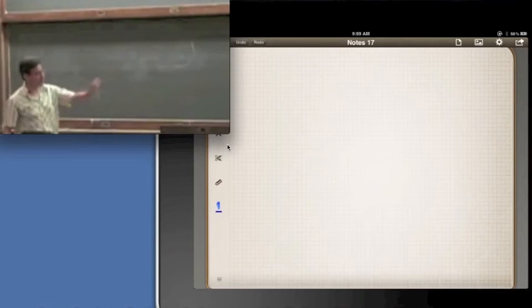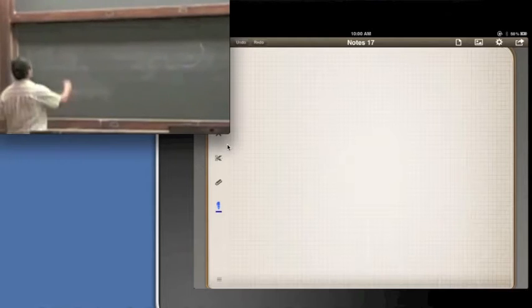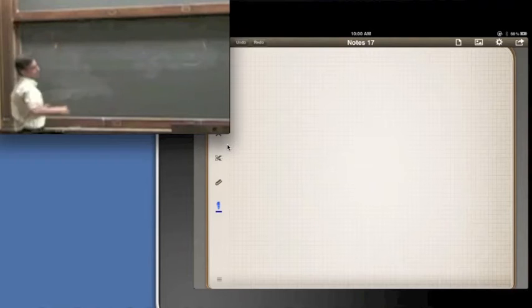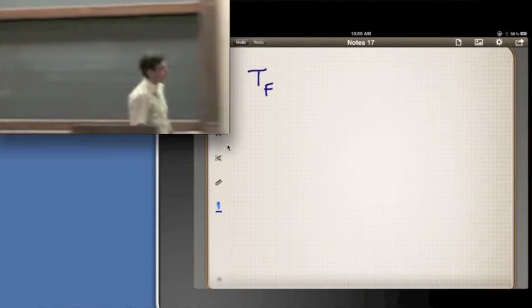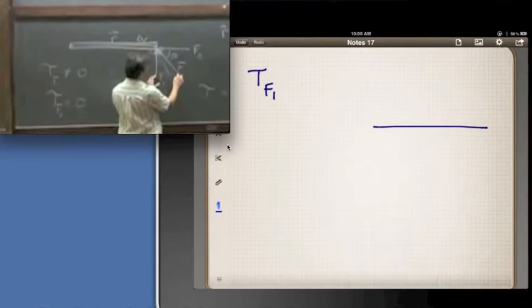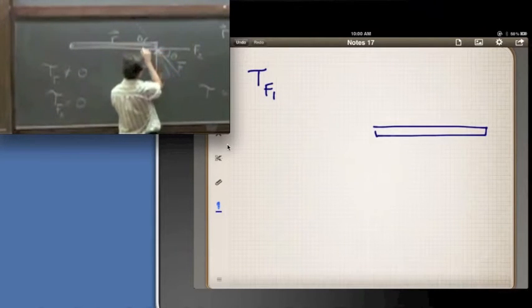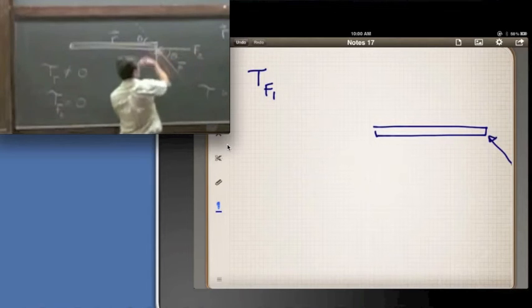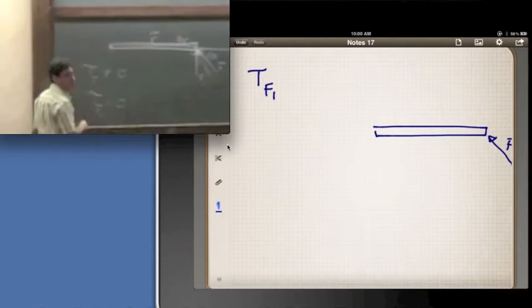Notice that that angle theta comes in pretty naturally because we said that the torque of F1, suppose that the force F has two components. F1, which is perpendicular, and F2, the component that is parallel to r.